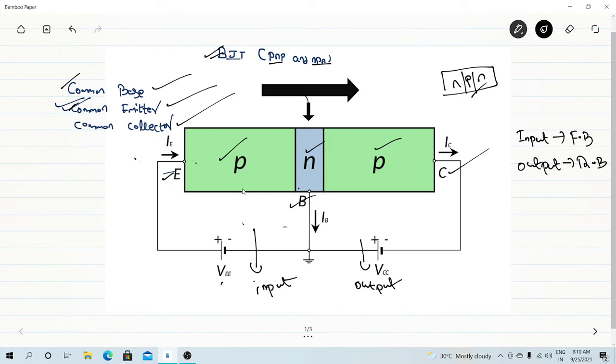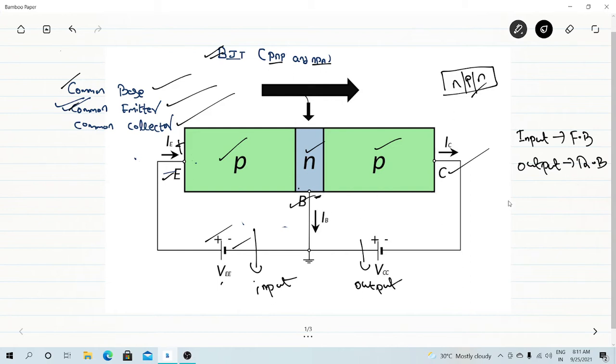For forward biasing, P should be more positive than N. If it is more positive, corresponding to high potential, it should be connected with the positive terminal. N is less positive, corresponding to low potential, so it should be connected with the negative terminal, so that this plus will appear here and this minus will appear here. So P is more positive as compared to N. Then we can say this input section is forward biased.